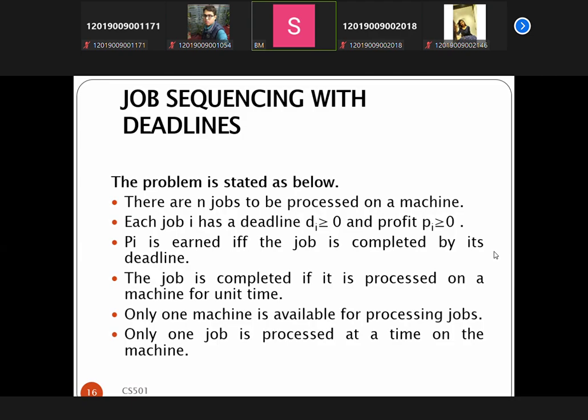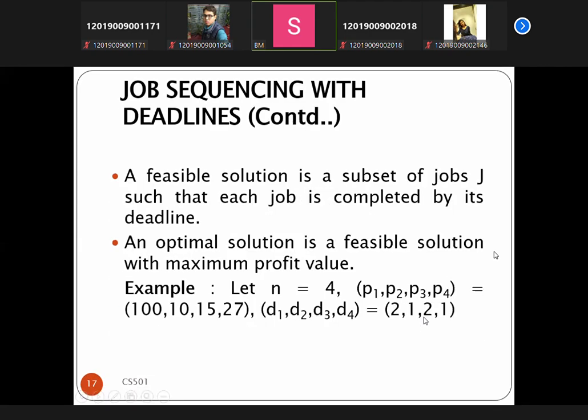You may be a very knowledgeable person, but you cannot apply it within a time. Okay. So job sequencing with deadline, that is another kind of problem. Now it takes first the number of jobs, their deadline, and their profit. Okay.